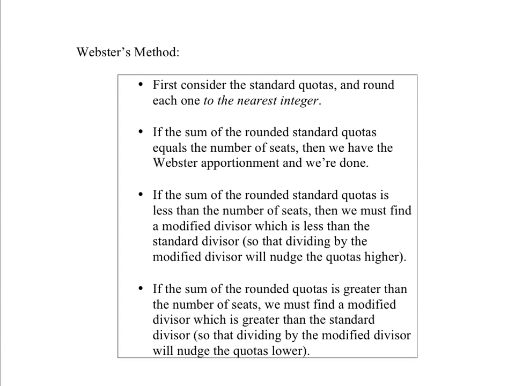The way that works is that dividing by the modified divisor nudges the quotas higher. If, however, the sum of the rounded quotas is greater than the number of seats, then we need a modified divisor which is greater than the standard divisor. So think too many cookies means that we need a larger cookie cutter to end up with fewer cookies at the end of the day. The idea being that dividing by a modified divisor should nudge the quotas lower.